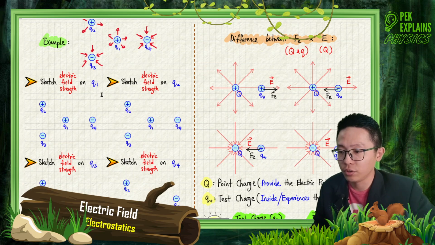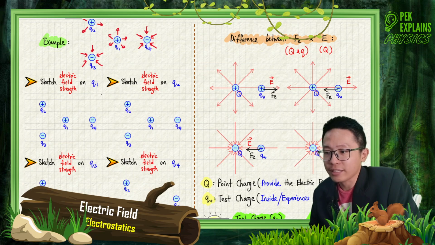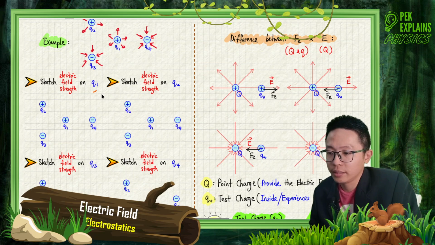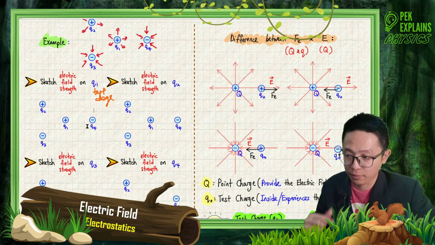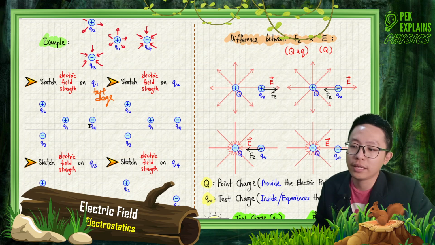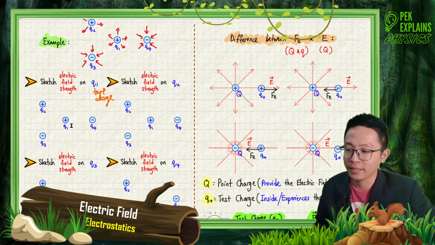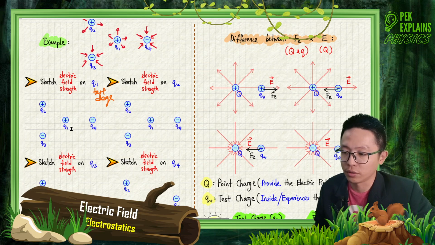Right now Q1 is the test charge. So the other charges, Q2, Q3, Q4, are the point charges. Now let's draw the electric field of all the point charges. So how do we draw the electric field strength on Q1?